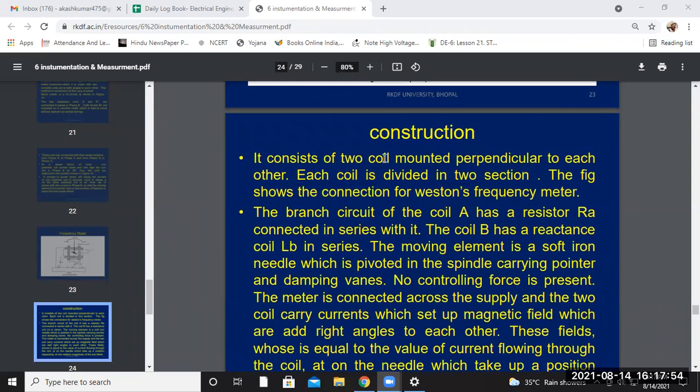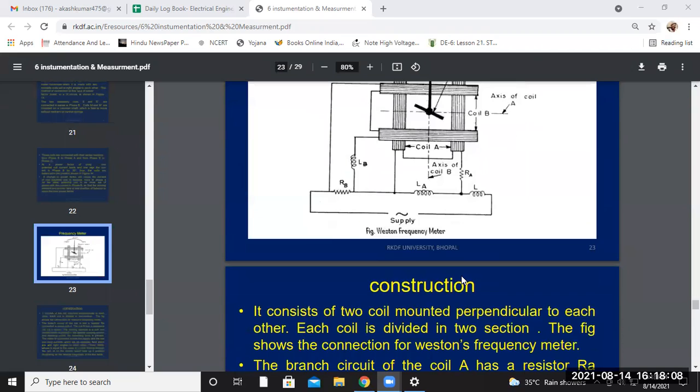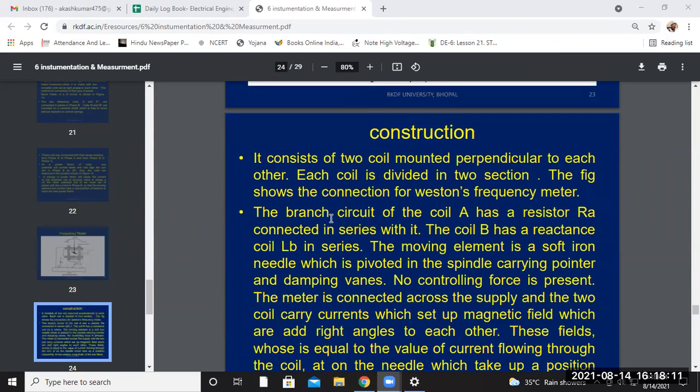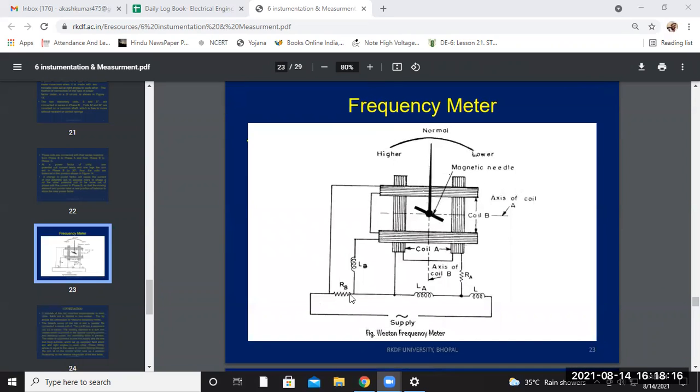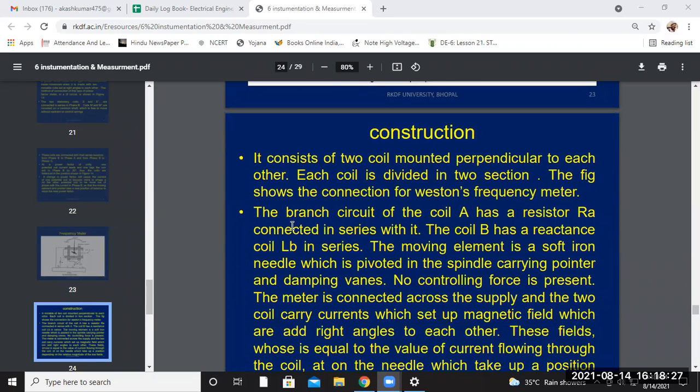Each coil is divided into two sections, and the figure shows the connection of the two coils. This is the value of RB, this is LB, this is LA, this is the resistance RA, and this is the inductance L. So all the components are clear where they are placed.